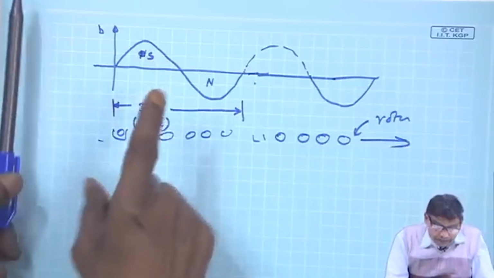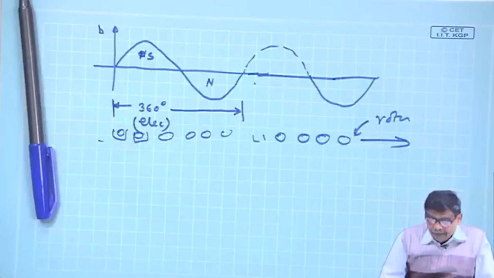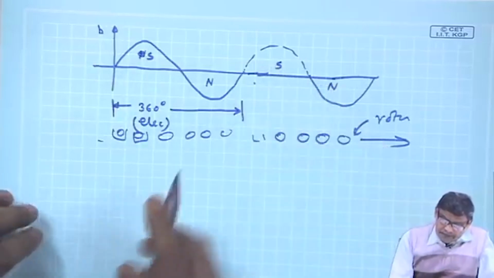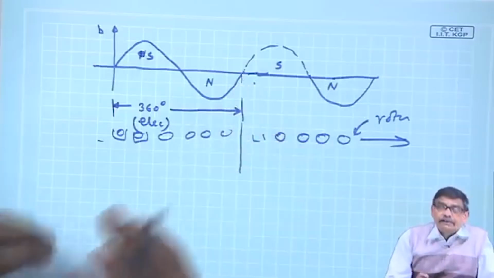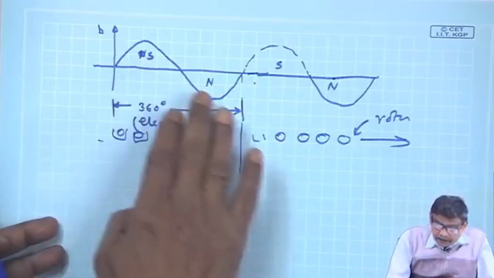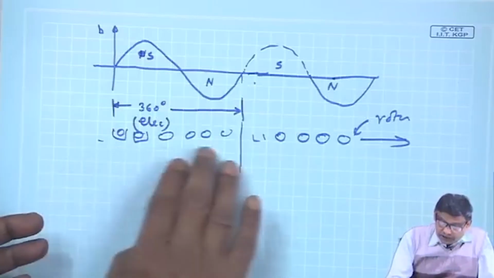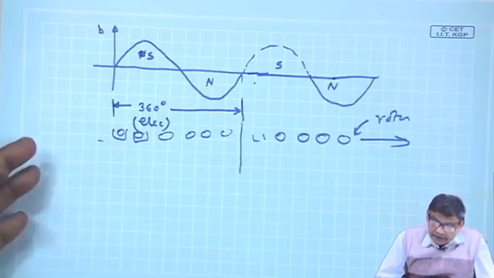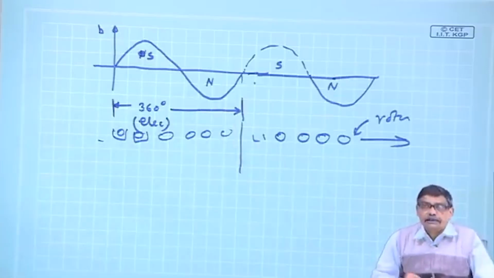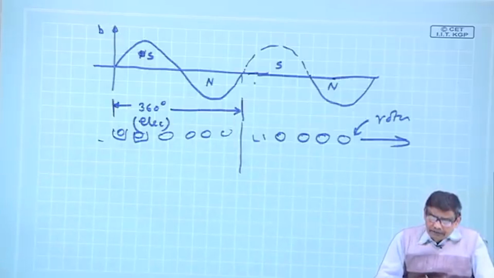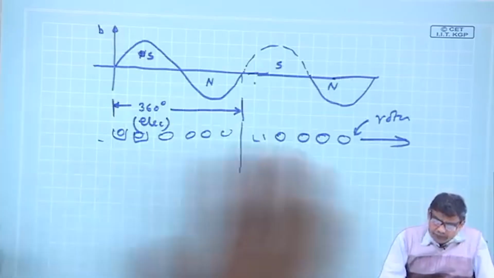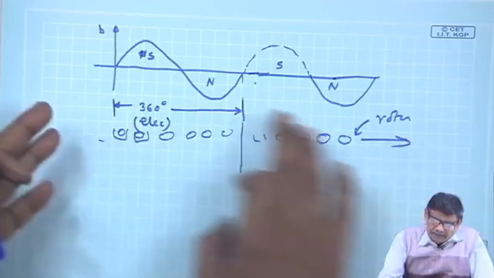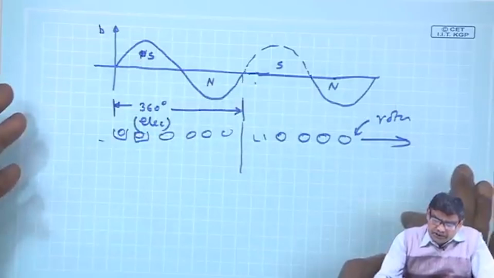Now, the statement I am going to make is that this is once again south-north. Whatever is happening under a pair of poles in the rotor conductors, the same thing is going to happen in the other pair of poles as well. What does it mean? Suppose it is moving, some currents these conductors are taking, and this is the field distribution.